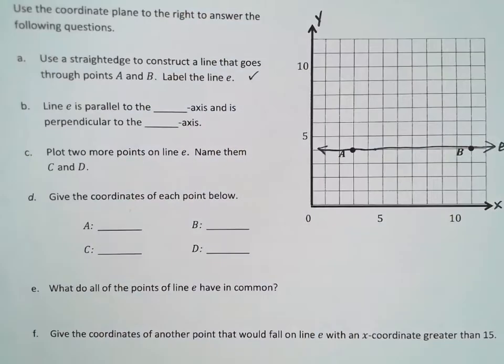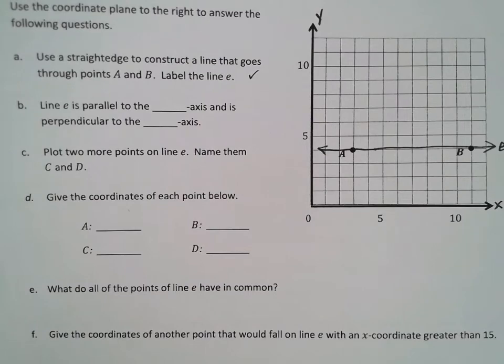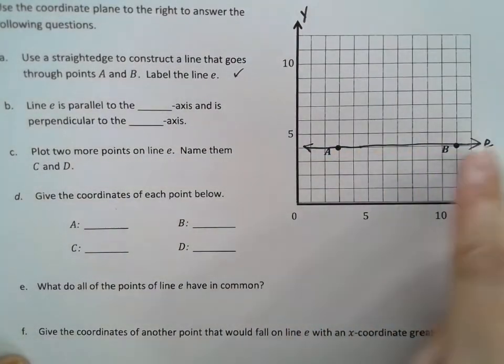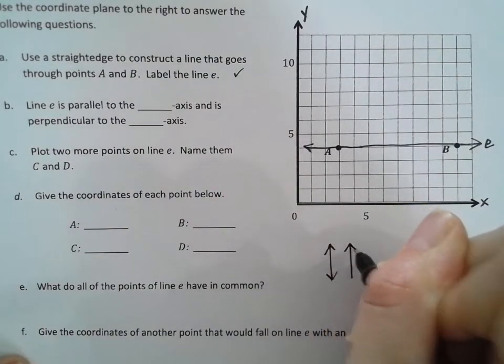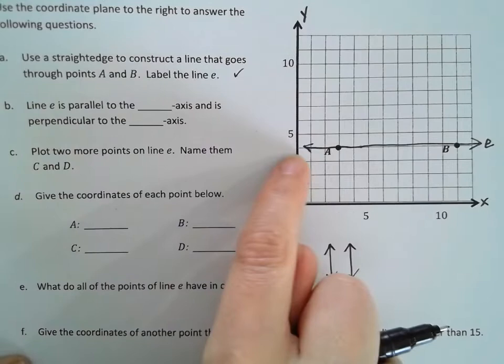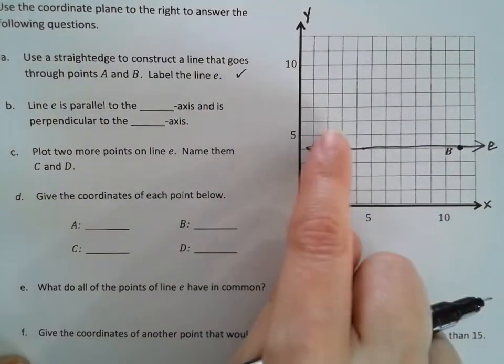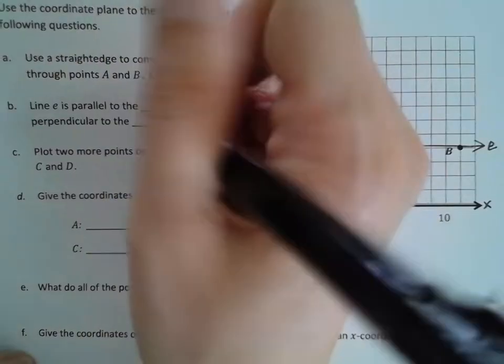It says line E is parallel to which axis? Can you remember what parallel meant? Parallel meant that they will not intersect. So if I keep going this way, am I going to intersect with the y-axis? I am, so I don't want to do that. Parallel means they won't. So the answer was the x-axis, right?